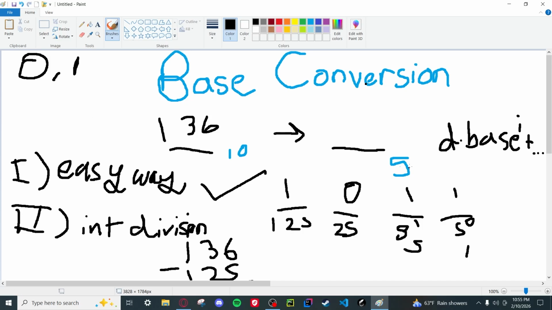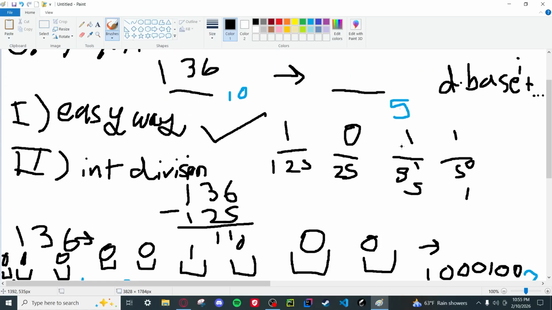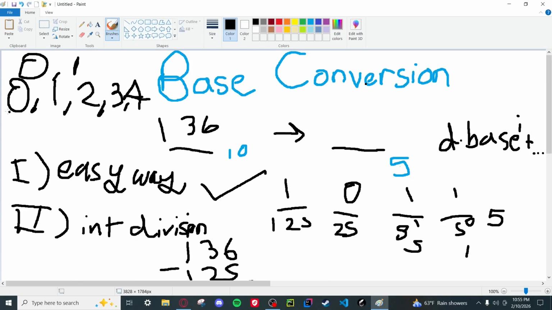But base 5 has 0, 1, 2, 3, and 4. We have way more numbers to work with. Don't just limit yourselves to 1s and 0s if you're trying to find base 5 or any base like that. Use all the numbers in your number system. You will most likely have to.